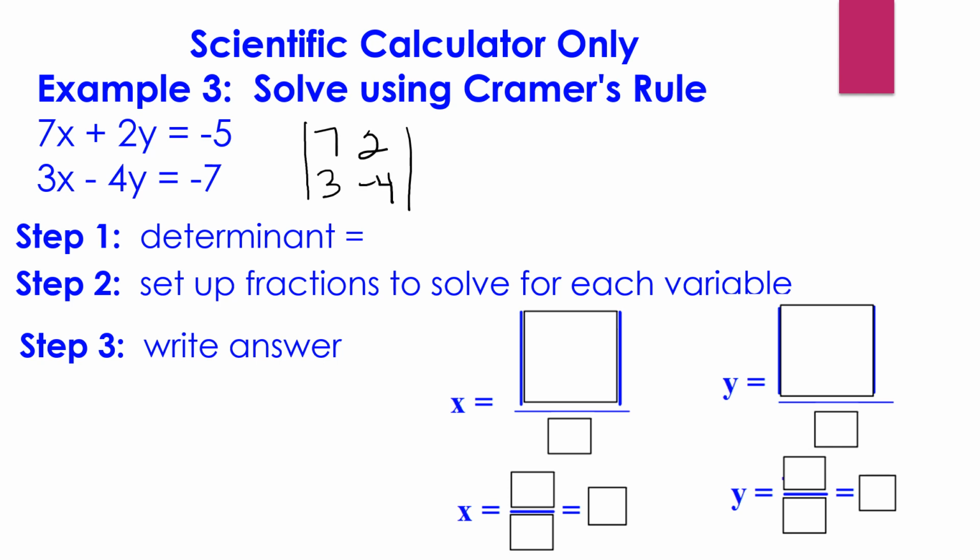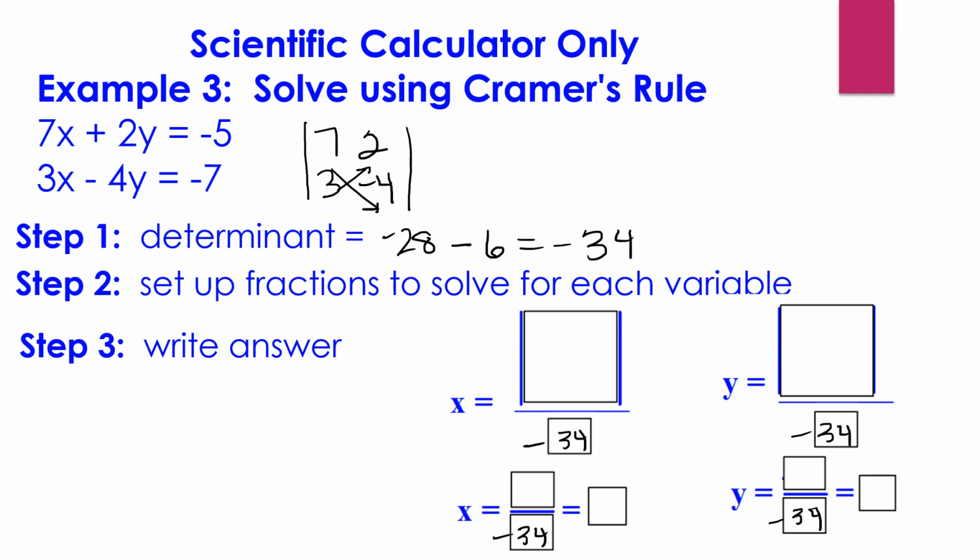So our determinant is the product of the down diagonals, negative 28, minus the product of the upward diagonals, 6. So negative 28 minus 6 gives us a negative 34. That is what you're going to divide each of the x and y determinants by, so you can solve for where these two lines intersect.